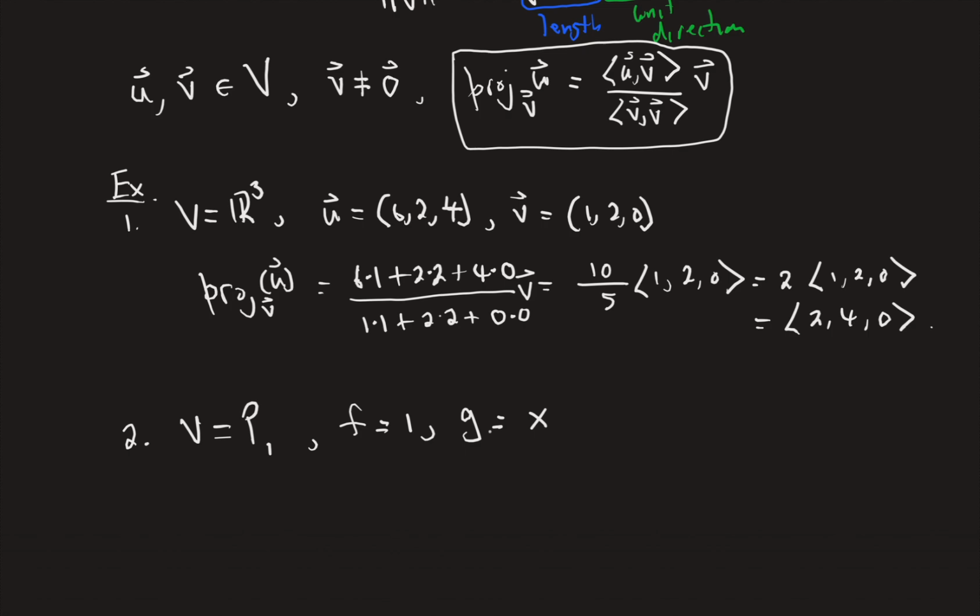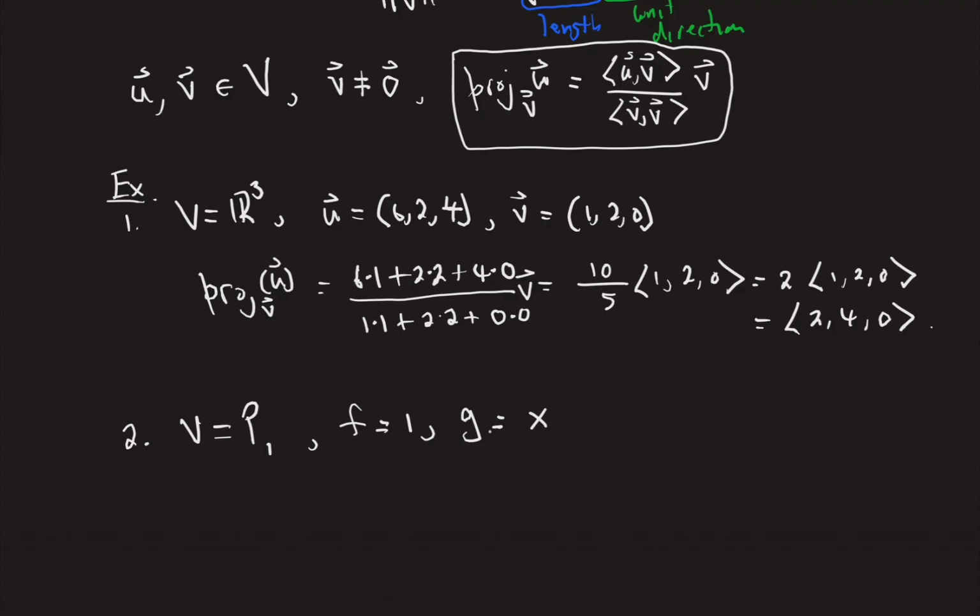Since we now have a notion of how close functions can be in terms of distance, if we're projecting f onto g, we're trying to find a function that is a scalar multiple of g that is as close as possible to the function f.